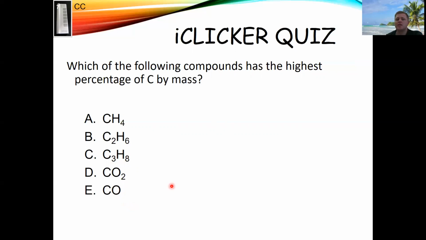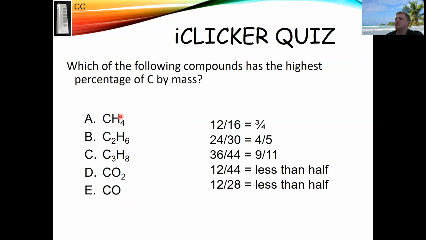So what we're going to do for each of these is calculate the mass of our entire molecule, and then calculate the mass of carbon. We're going to divide those. So in CH4, the mass of carbon is just 12 because there's 1 carbon, or it's approximately 12. I'm simplifying these numbers slightly.